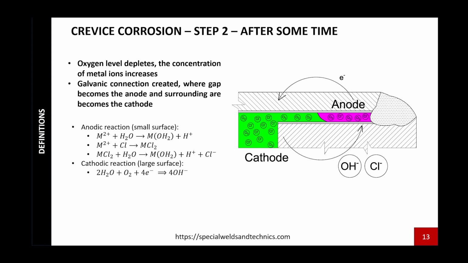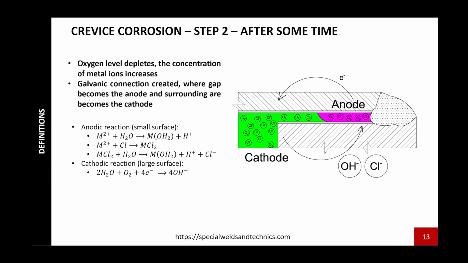But to rebuild this corrosion protection layer, we need oxygen. And in this case, as the oxygen level depletes, this passive layer cannot be rebuilt in the pink area. And this is going to be the problem, because in this case the stainless steel material is not corrosion resistant anymore.